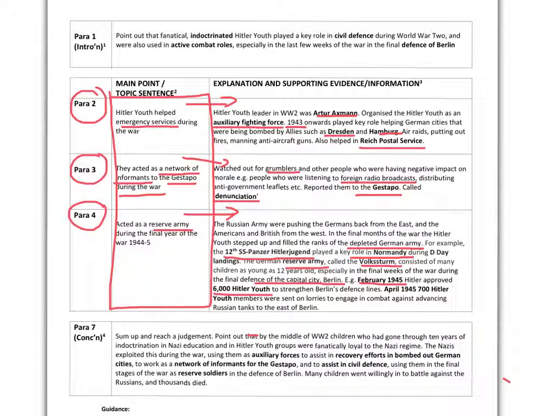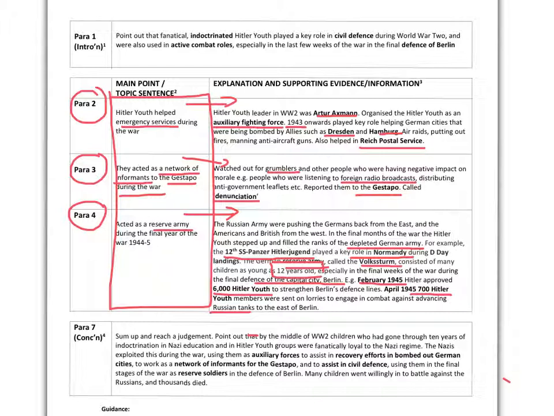In April 1945, Hitler ordered 700 Hitler Youth members to go out to actively engage in combat against Russian tanks who were advancing on the east of Berlin. So the bottom line there is basically children as young as 12 years old were being used in the final weeks of the war.